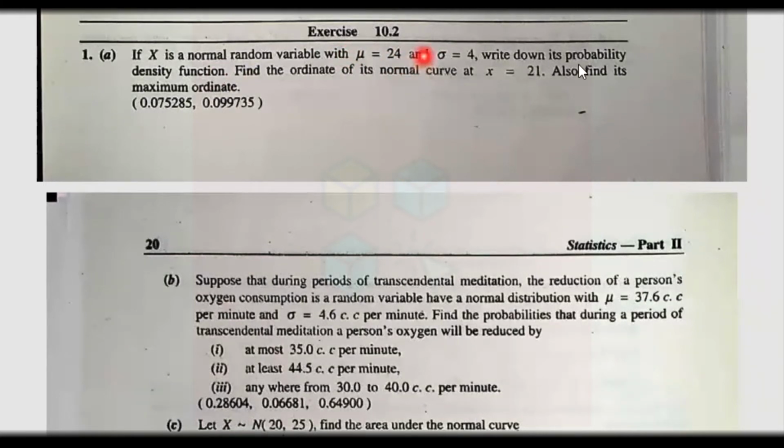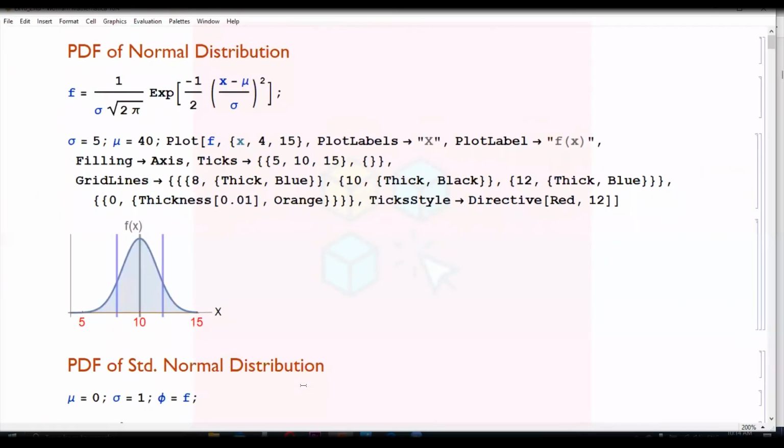So you will get the density function for these parameters, mu and variance. Second, find the ordinate of its normal curve at x equal to 21, and also find its maximum ordinate. So we will start from here.